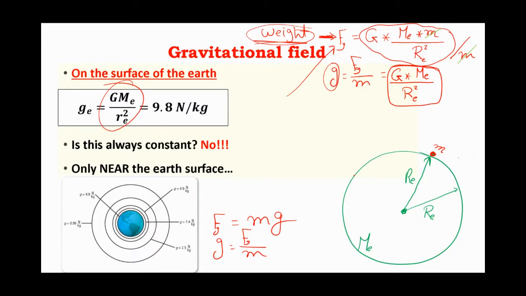Because if you want to get Fg, you just multiply the mass times the gravity acceleration. In many cases, instead of writing Fg, the gravitational force, we can write the weight, as long as we are talking about the gravitational force on an object at the surface of a planet. Okay.